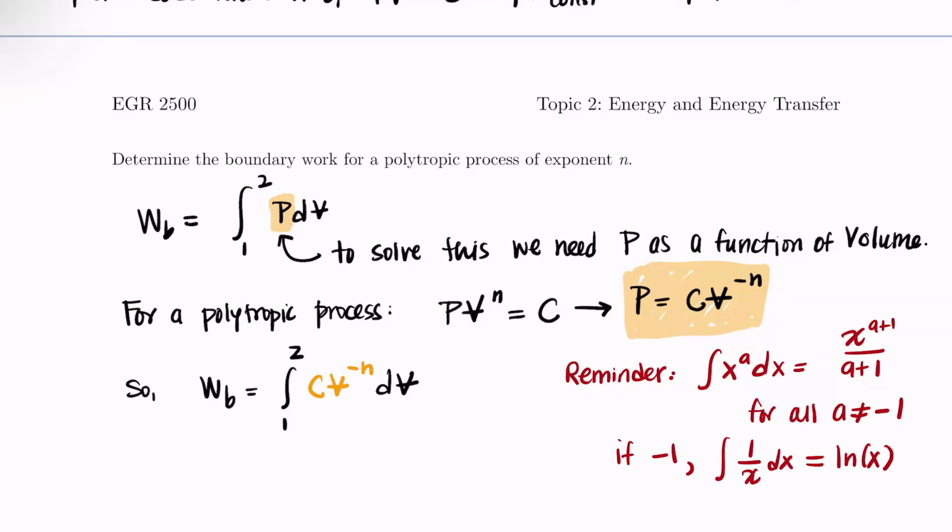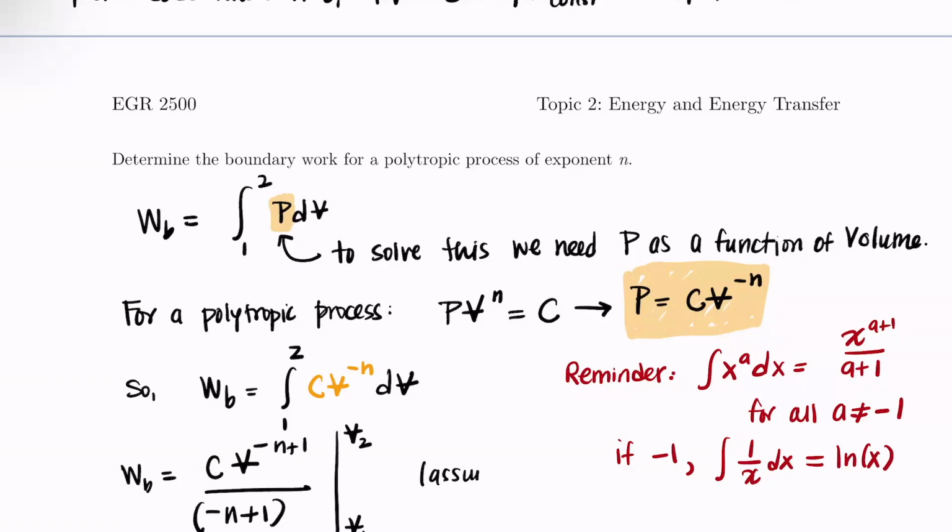So what that means is that this integral is equal to the following. We have C times V to the minus n plus 1 divided by minus n plus 1, evaluated between volume 1 and volume 2. And this is assuming n is not equal to 1, or minus 1, sorry. Or sorry, n is already negative, so assuming n is not equal to 1.